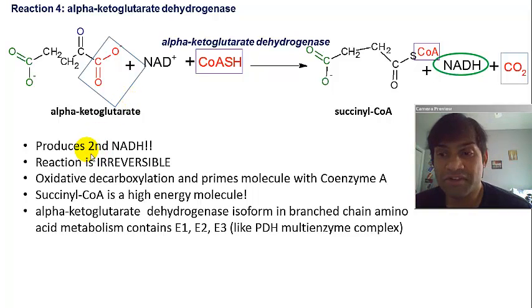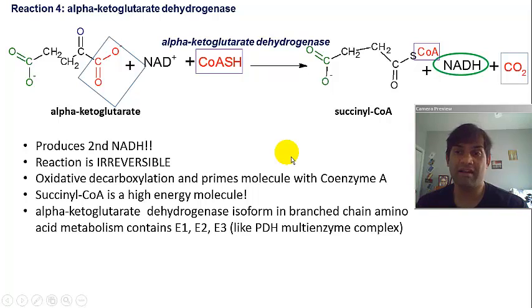And a couple of words on this enzyme. This is the TCA cycle form of the enzyme that's housed in the mitochondrial matrix, but there's an isoform of the enzyme that is involved in a different form of metabolism, the breakdown of branched chain amino acids like your leucine, isoleucine, and valine. Those amino acid side chains that are branched. Alpha-ketoglutarate dehydrogenase, a separate form of that enzyme, is involved in breaking down those amino acids.